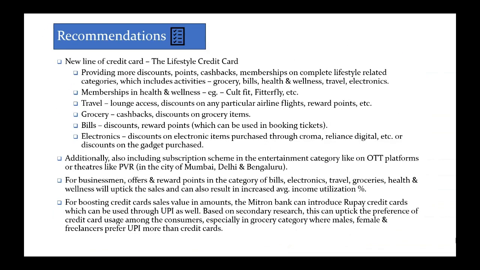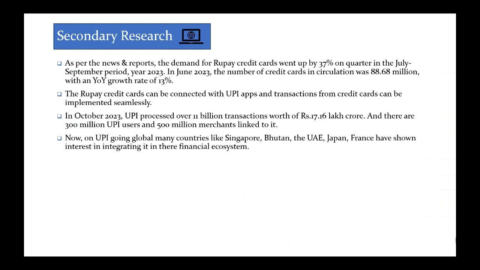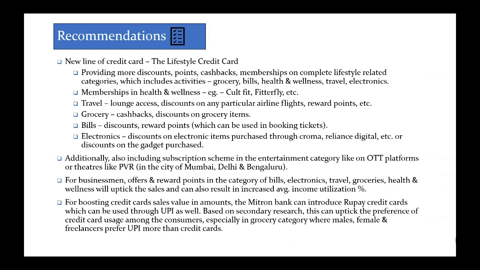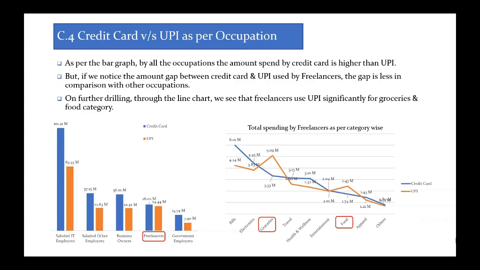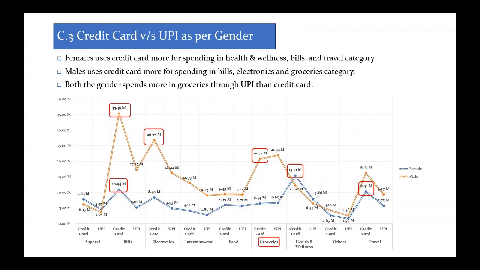And lastly, for boosting the credit card sales value in amounts, Mitron Bank can introduce the RuPay credit card. As in my secondary research, I have mentioned that they are very easy to connect with UPI apps. And we have earlier also seen that freelancers prefer UPI apps for groceries.